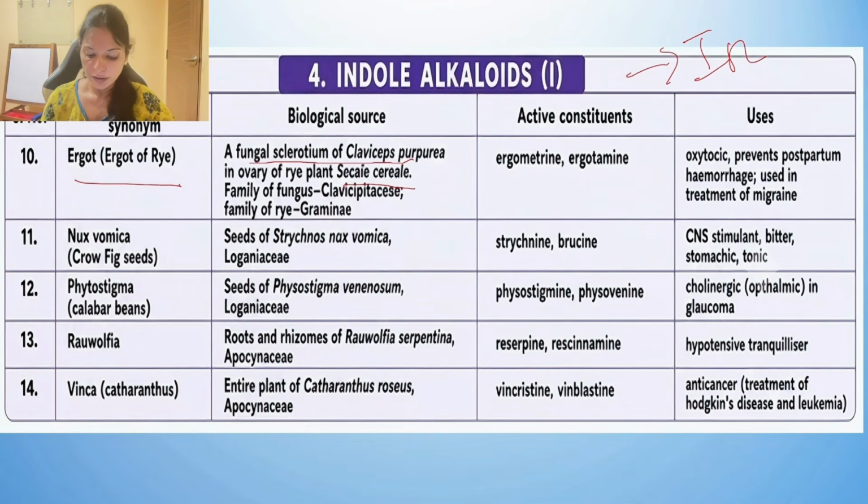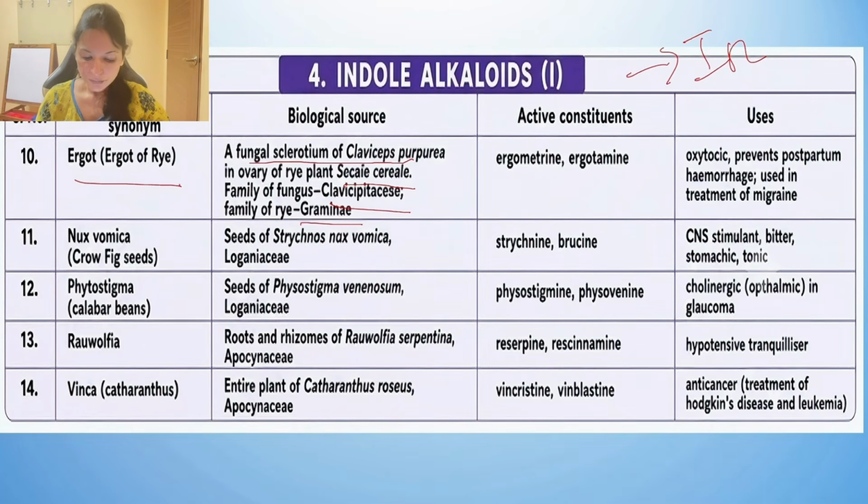So ergot of rye, hence the name. These fungi grow on the rye plant, hence the name ergot of rye. But we need to remember majorly the family of the fungus, that is Clavicipitaceae.